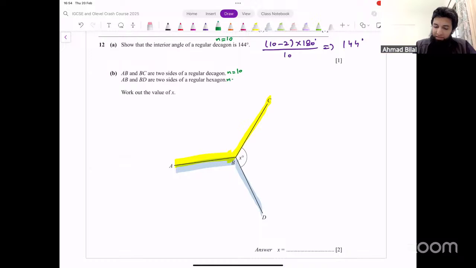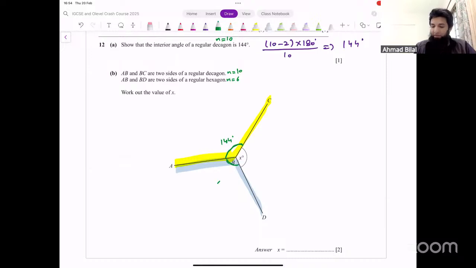A hexagon is a figure that has 6 sides. They're both regular. That means the sides are all equal and the angles are all equal. We need to work out the value for x. How can we do that? We already found that this interior angle for the decagon has to be 144 degrees. You can do the same thing for the hexagon.